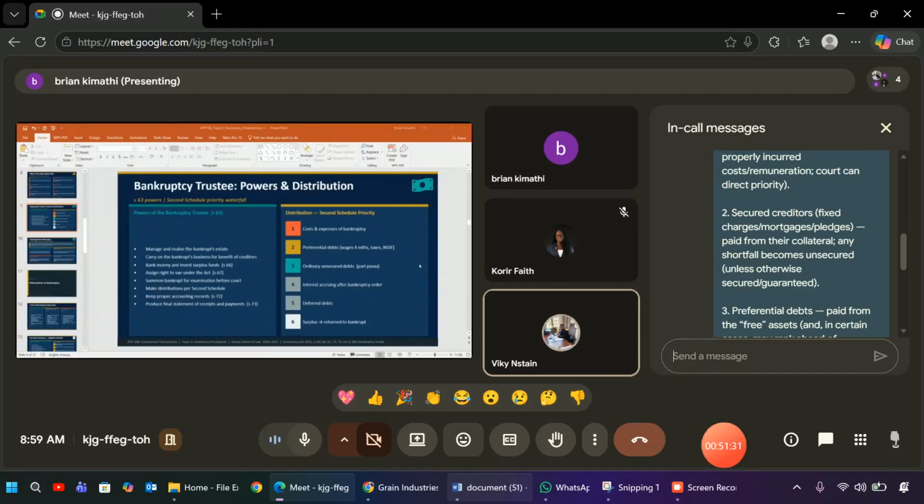Number 2, secured creditors. These are paid from those who have placed fixed charges, mortgages, or have pledged. They are paid from their collateral. Any shortfall becomes unsecured unless otherwise secured or guaranteed. So secured creditors are those who had placed a fixed charge over their property.